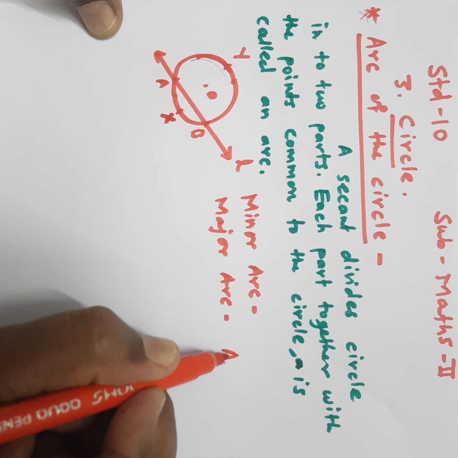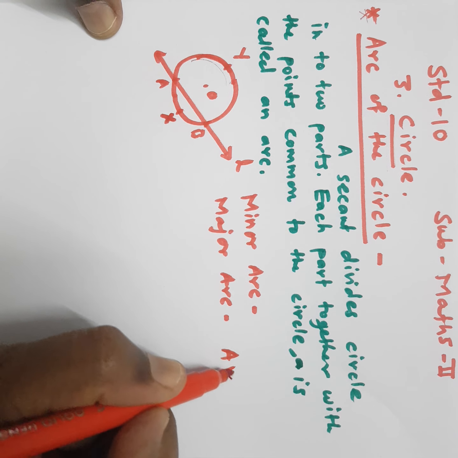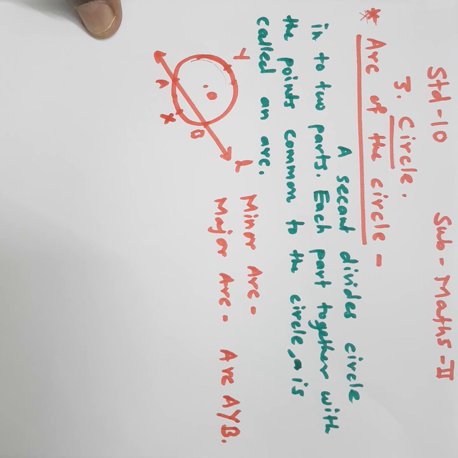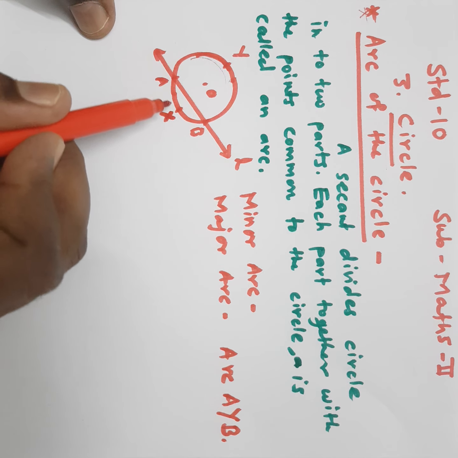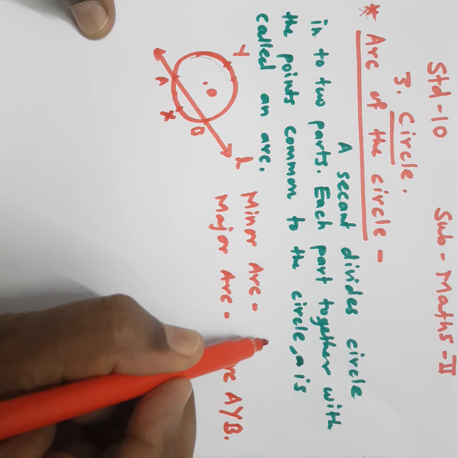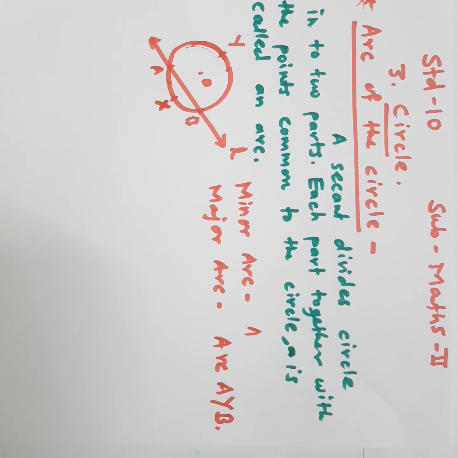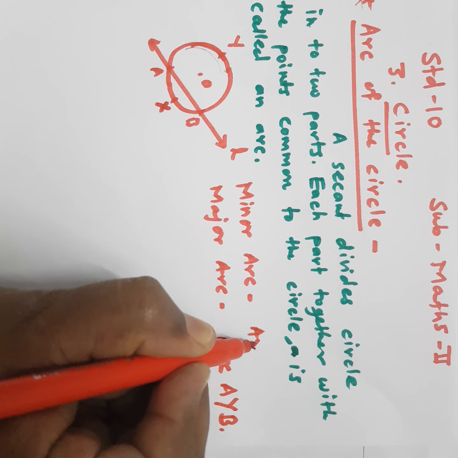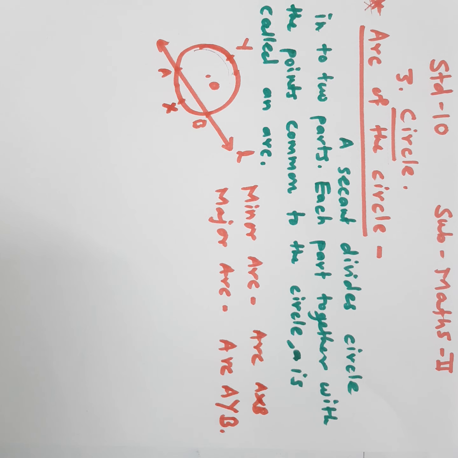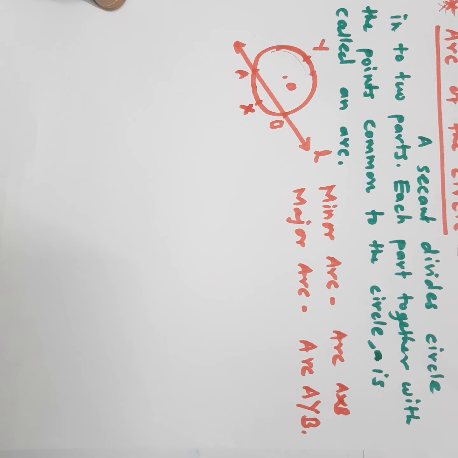Therefore arc AYB is the major arc and the remaining part, arc AXB, is called the minor arc. In this way there are two arcs, major arc and minor arc.